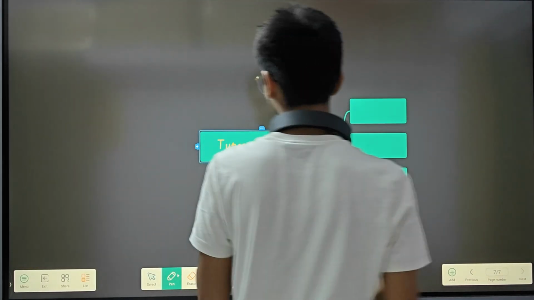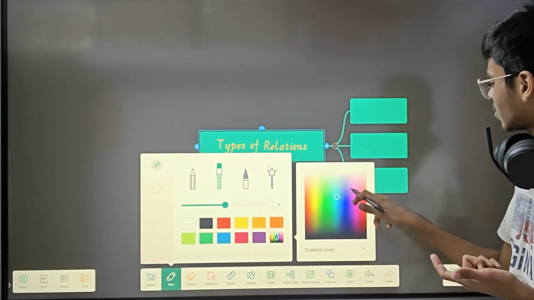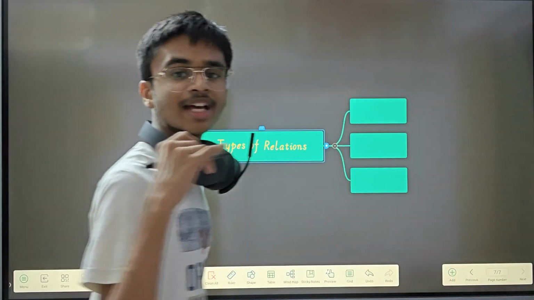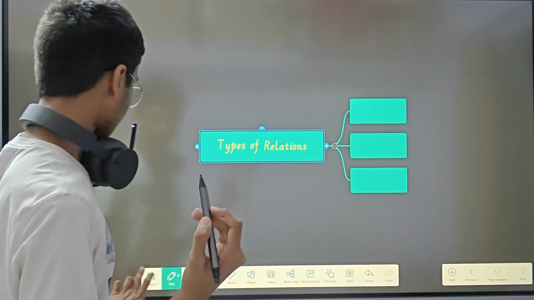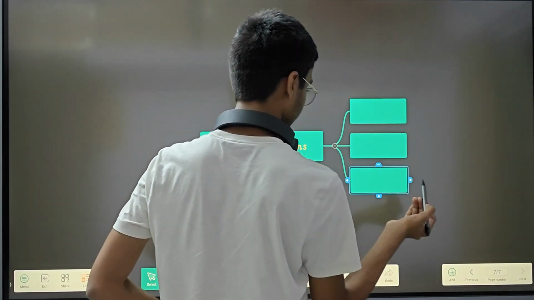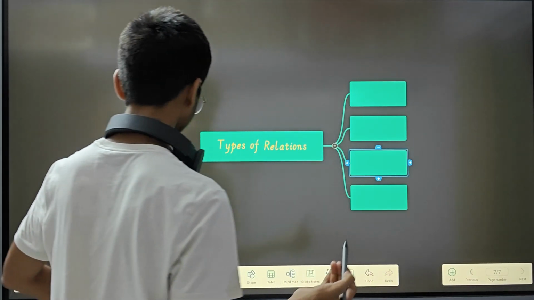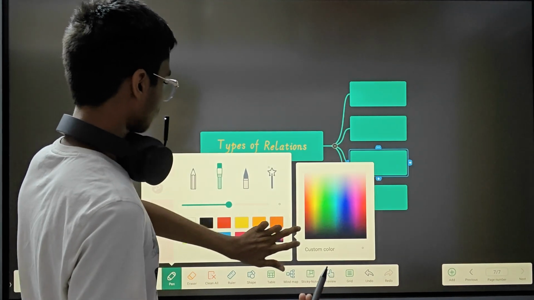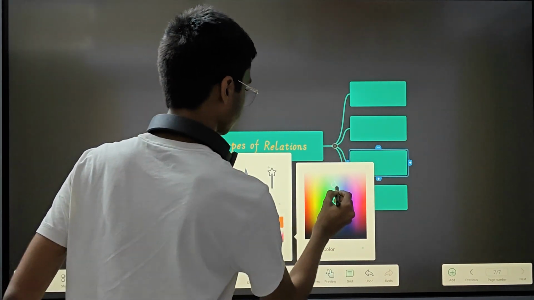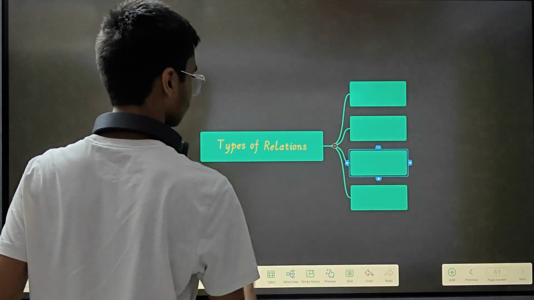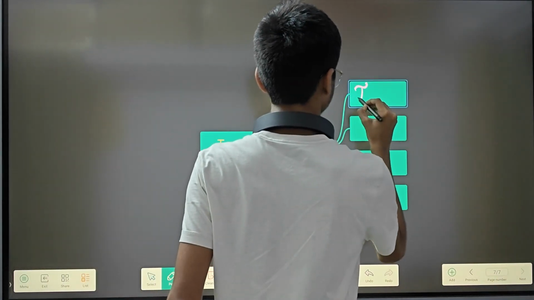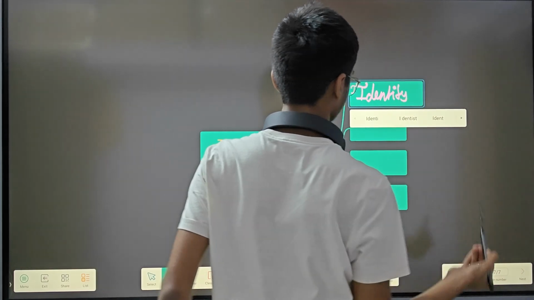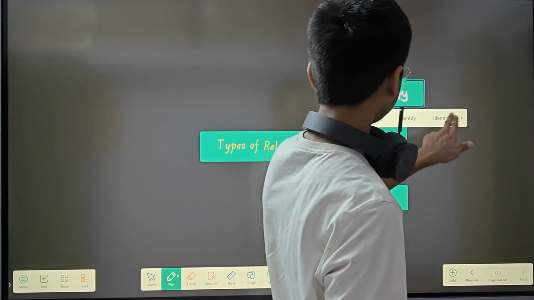See, types of relations. It is actually of different types. First is reflexive. No, one more is also there, that is identity. So first is going to be identity. Identity.